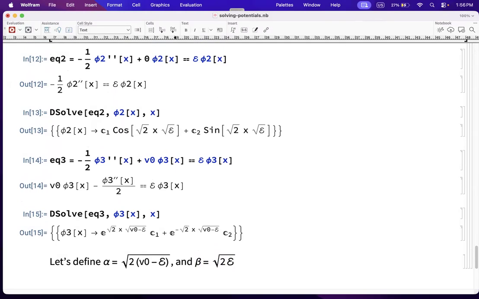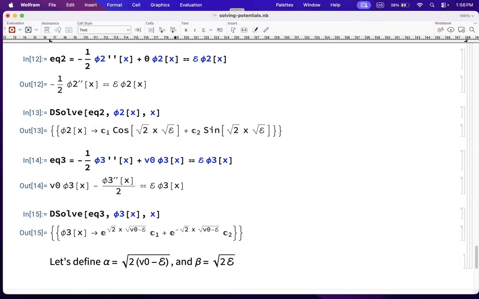Phi 2 will be C3 cosine of beta x plus C4 sine of beta x, right? And finally I have C5 e to the alpha x plus C6 e to the minus alpha x. Well, this is when x is less than minus a over 2, then between minus a over 2 and a over 2, and finally x is when bigger than a over 2. See, I have this.